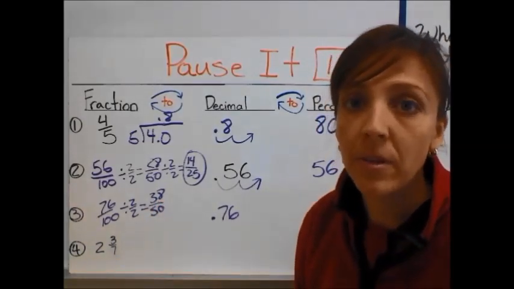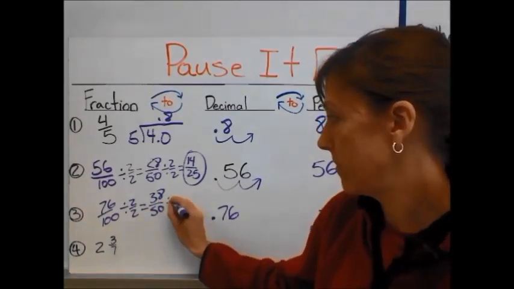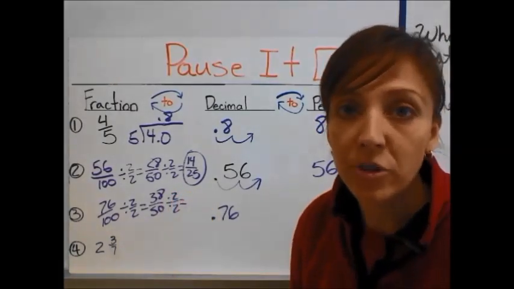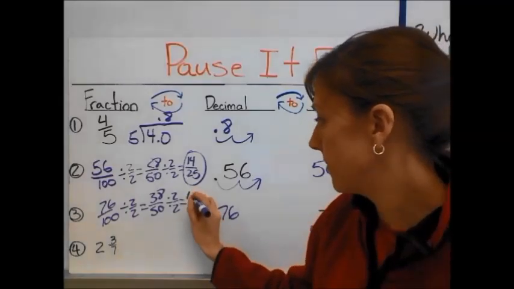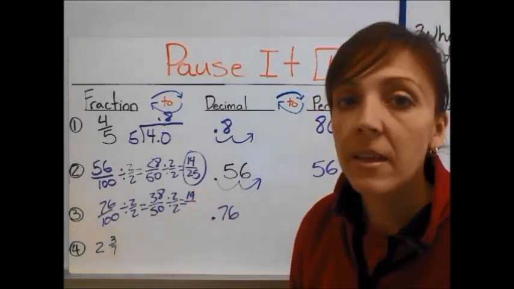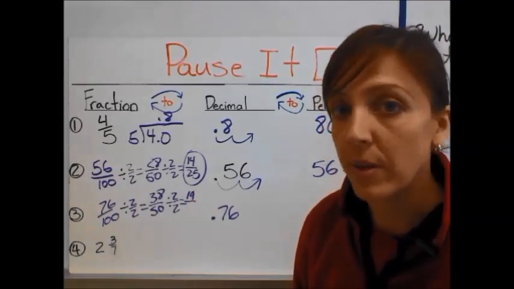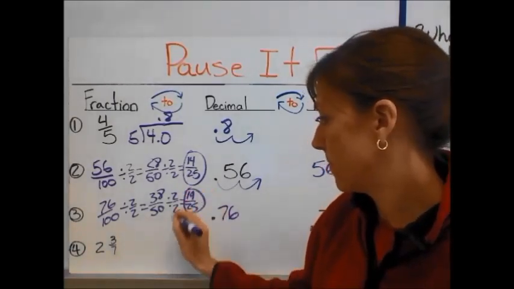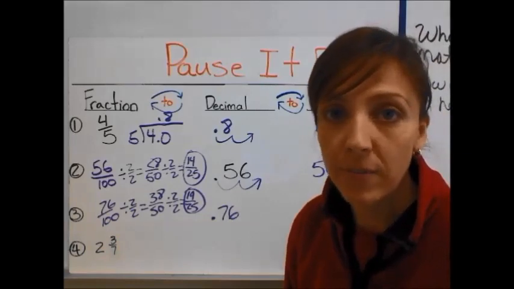And again, they're both divisible by 2/2. 38 divided by 2 is 19, and 50 divided by 2 is 25. So I get 19/25.